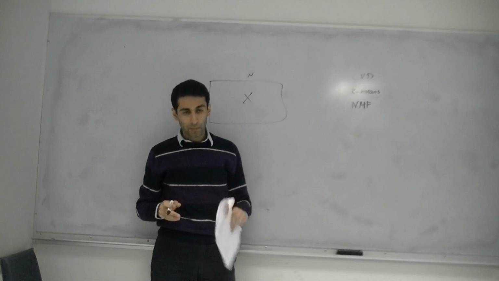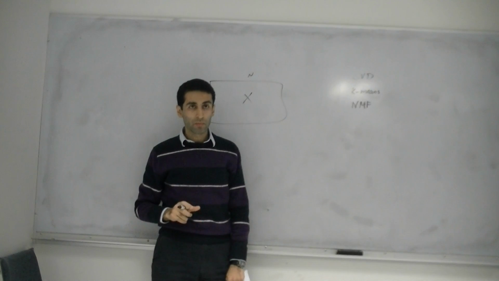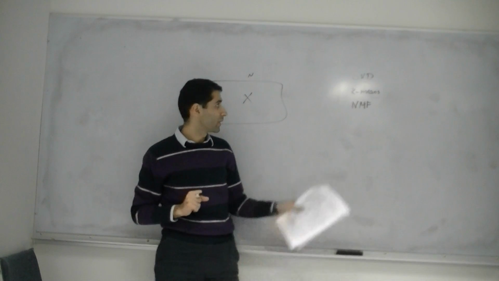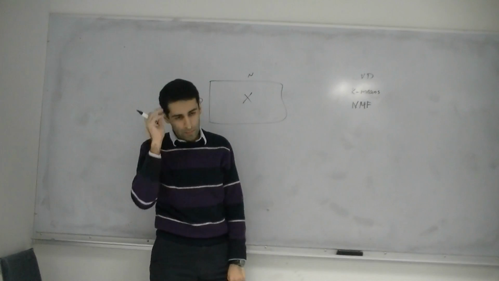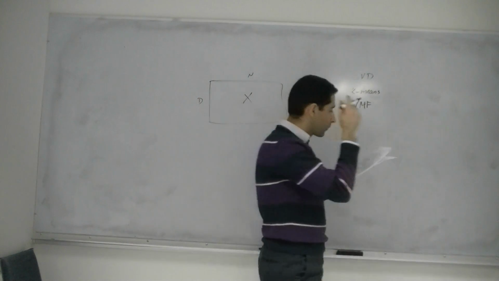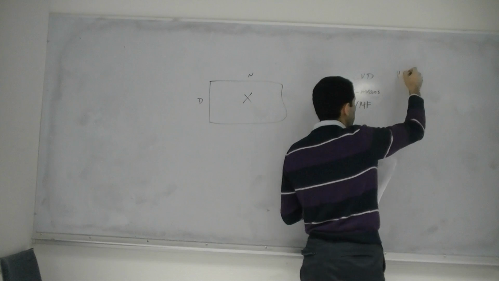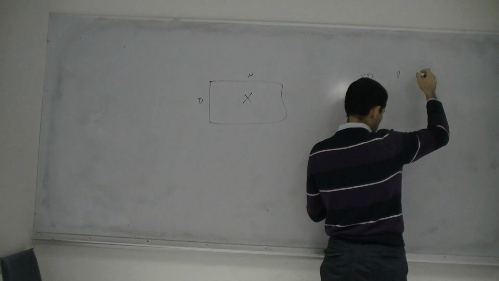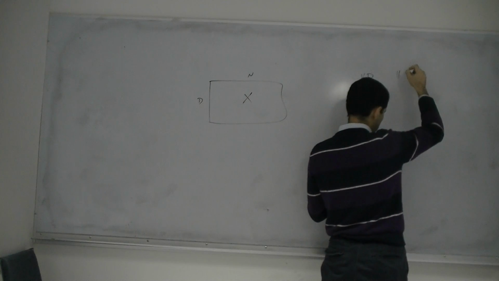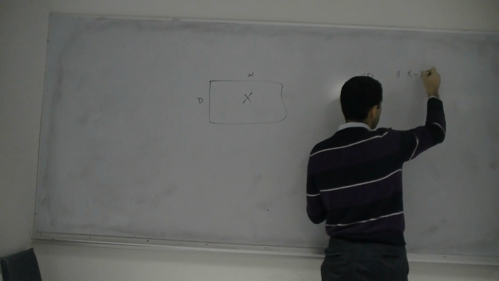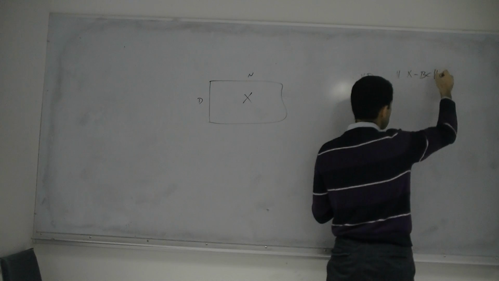There is some measurement of, for example, convergence of these methods. For example, in SVD, we try to find the Frobenius norm between X and BC.